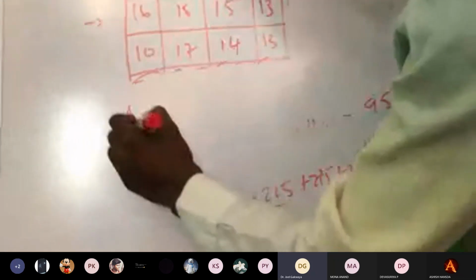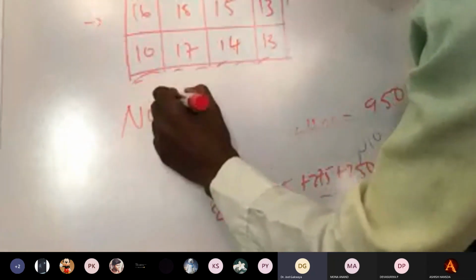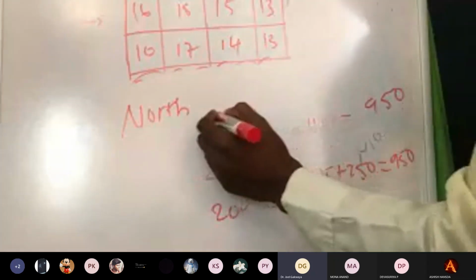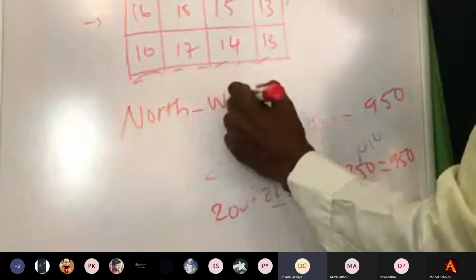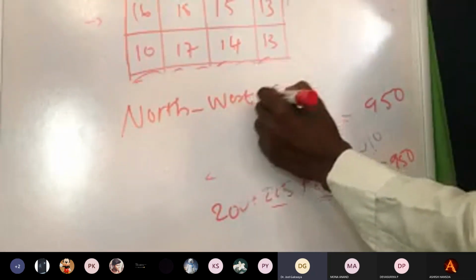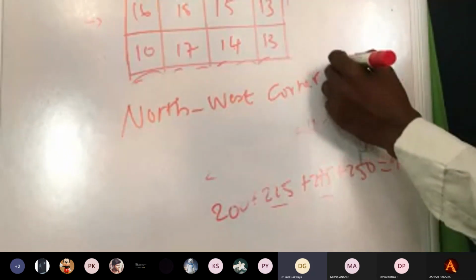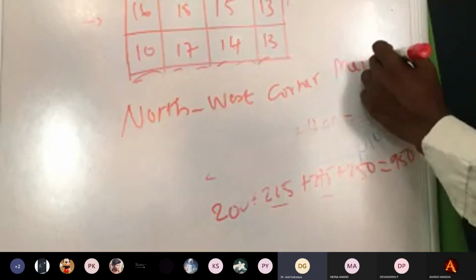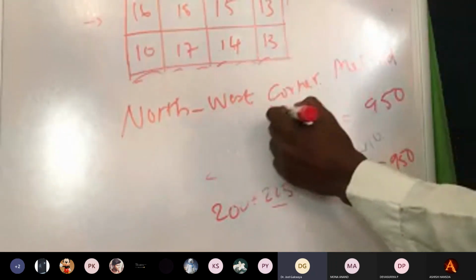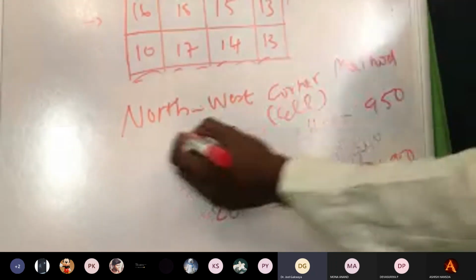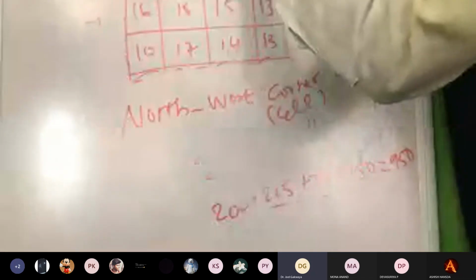There is a method to solve when it is balanced. We say corner method, or sometimes we say cell. It is abbreviated as NWC.